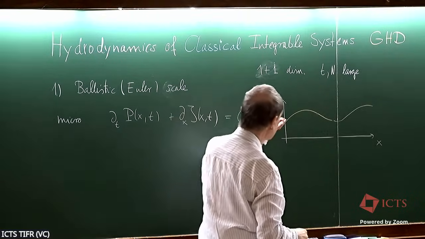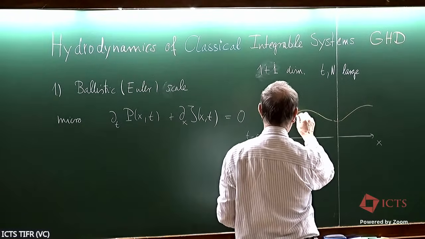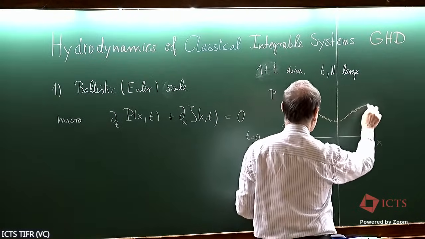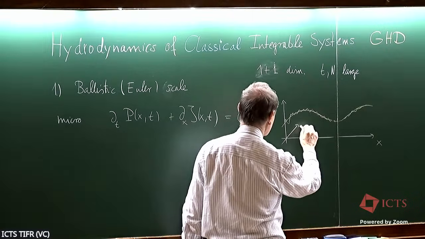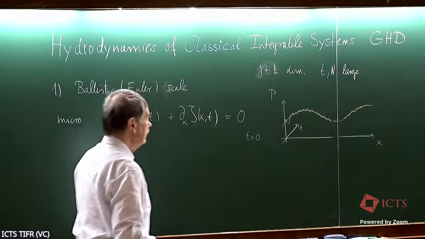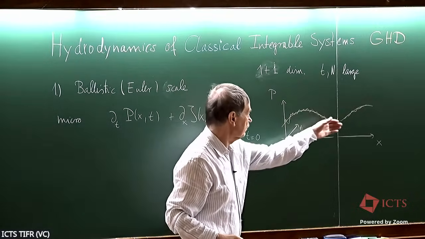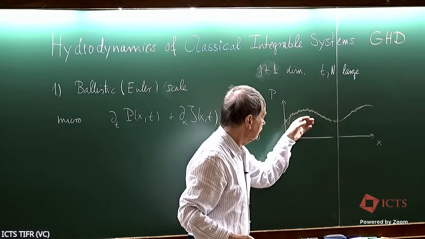And typically you will see also small fluctuations around this picture. Okay. And then you evolve your underlying dynamics. So now there will be a t-axis. And what hydrodynamics wants to do is to predict what is the dynamics governed on the macro scale.